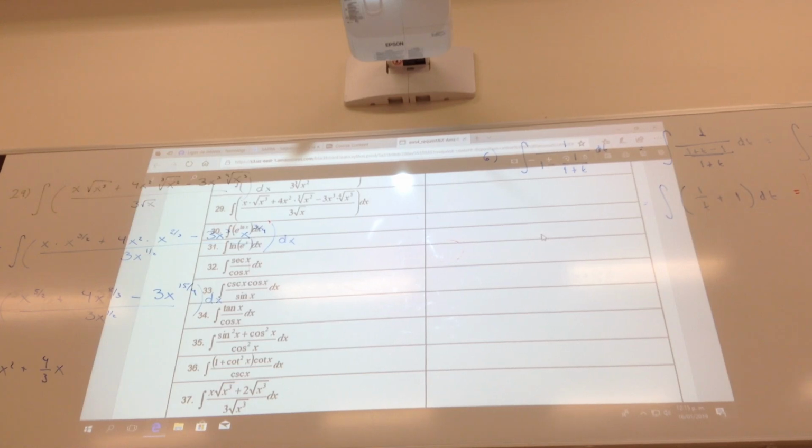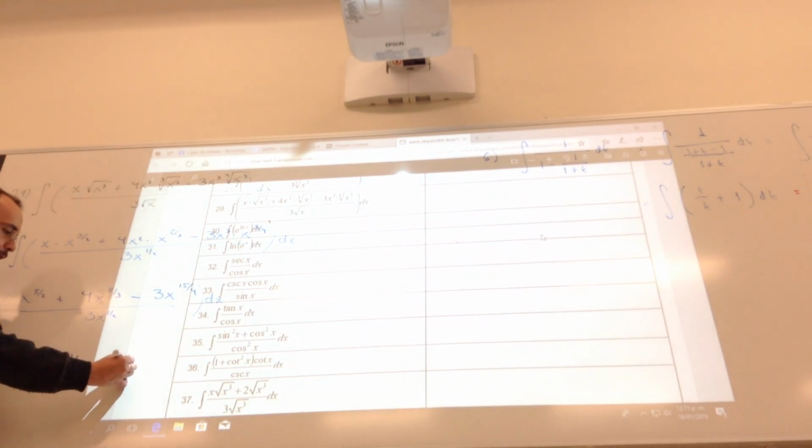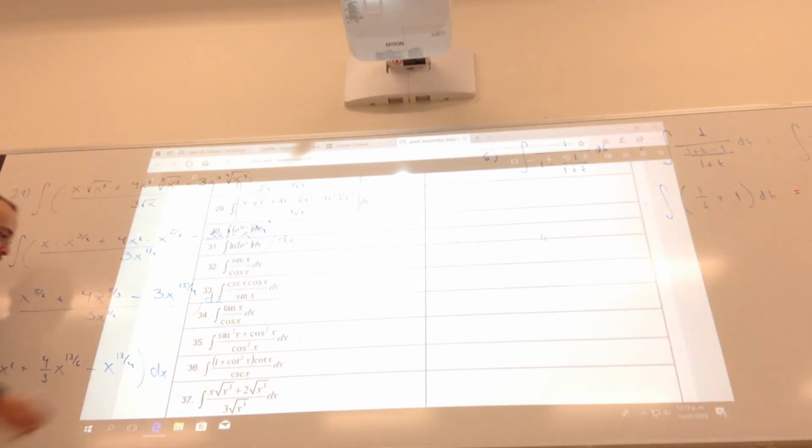You can use the calculator if you want. Minus 1 x to the 15 fourths minus 1 half, 13 fourths.